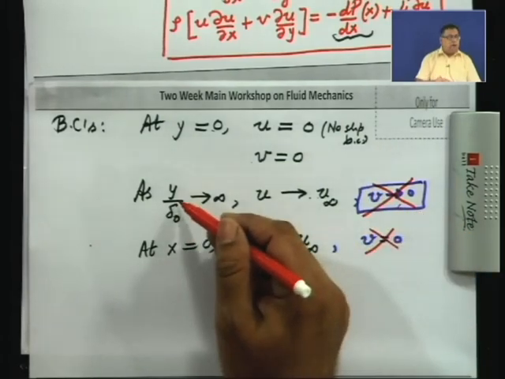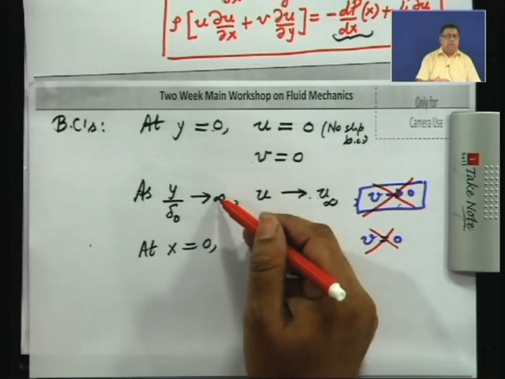Now, here although we are saying y by δ₀ goes to infinity, we are actually very close to the plate.